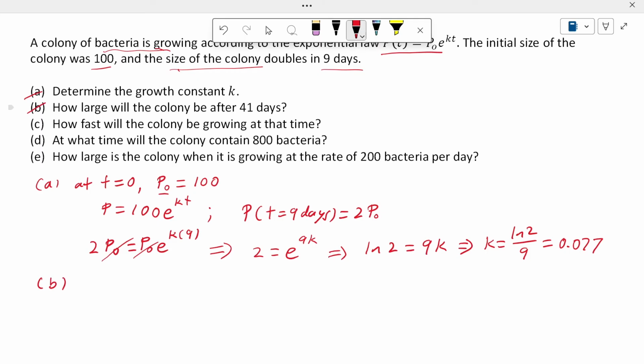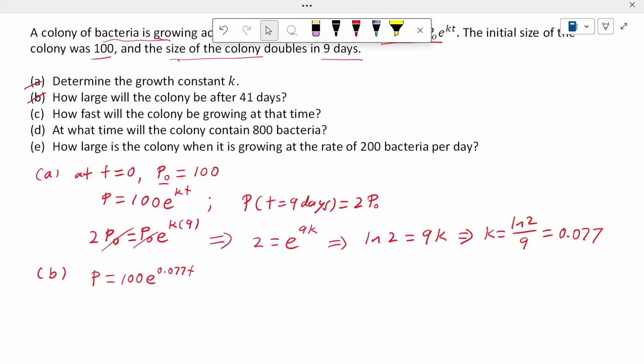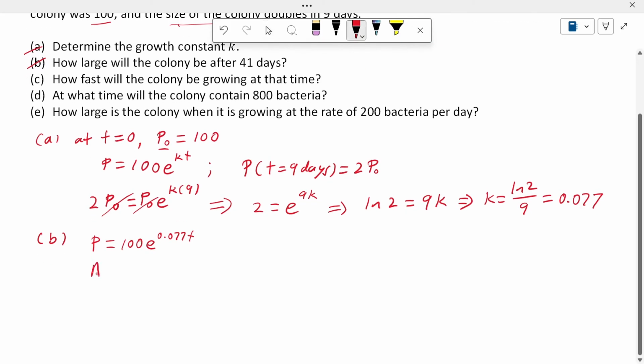Now question B: how large will the colony be after 14 days? So the colony size is P equal to 100 exponential, with the growth constant we already found, times t, right? So we need to find the size when the time is equal to 41 days.